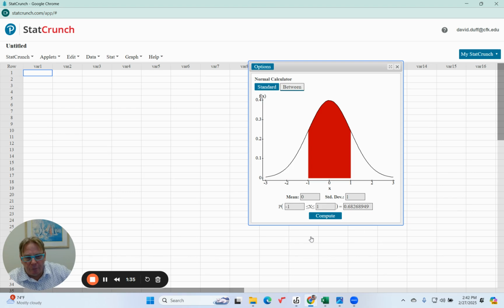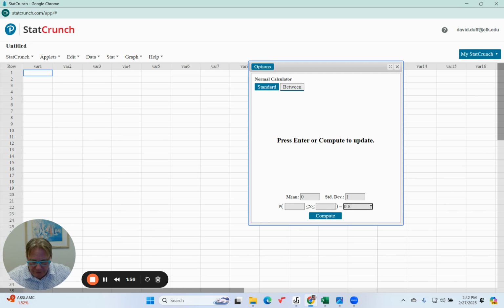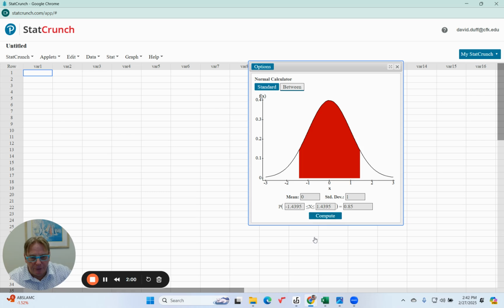And what we're looking for is the z-scores, right? The values along the x-axis that mark separating the middle 85% from the outside 15%. So what we're going to do is go in this right-hand box here, which is for putting the area, and we're going to put 0.85. And then we're going to click compute.